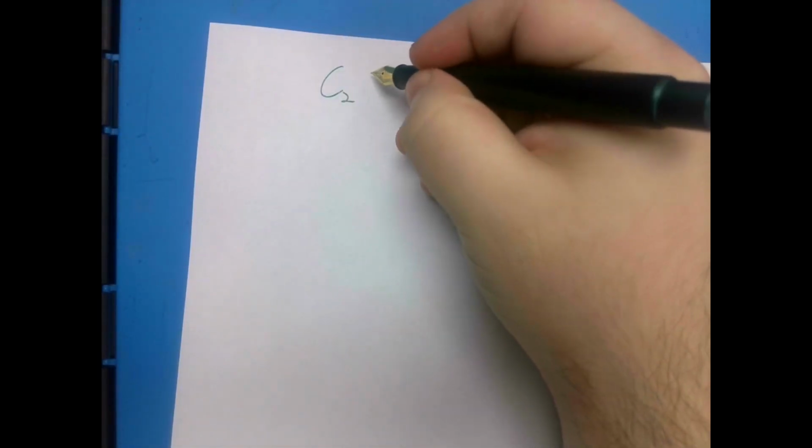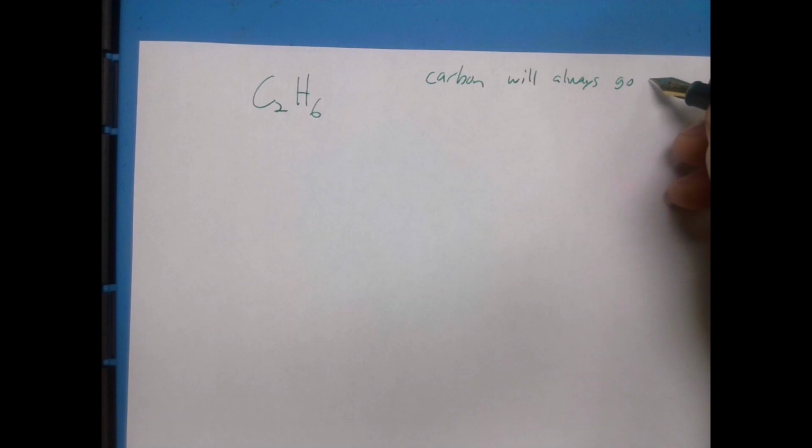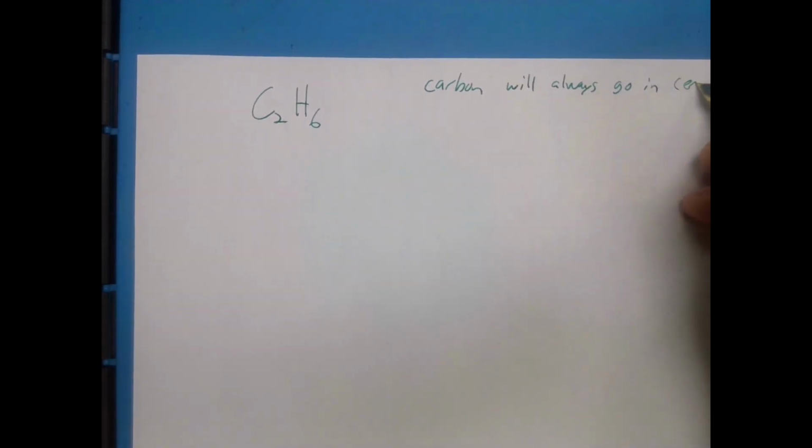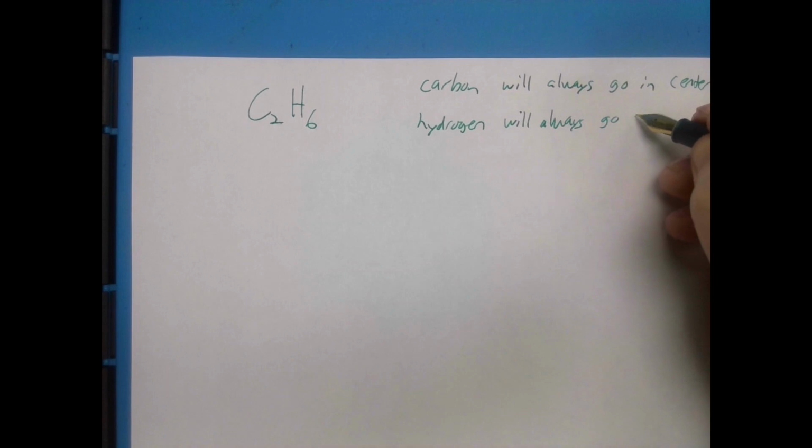Let's do another one. What about C2H6? Carbon will always go in the middle. Hydrogen will always go on the outside.